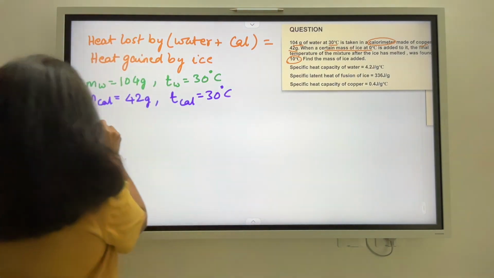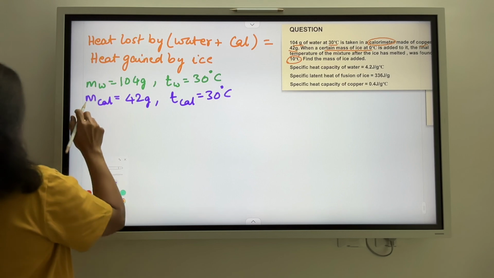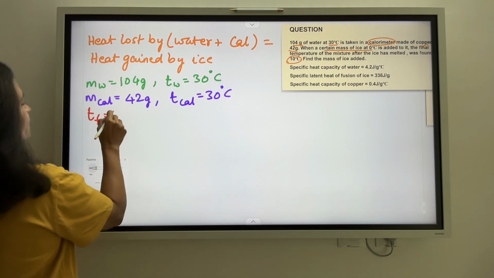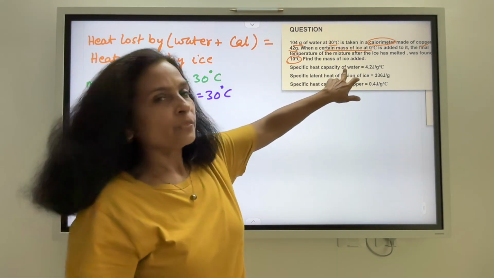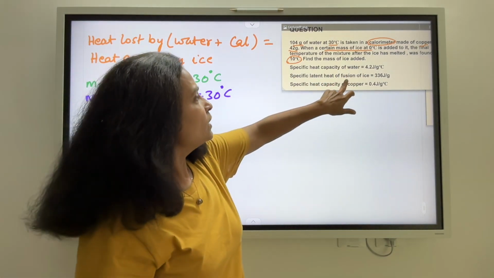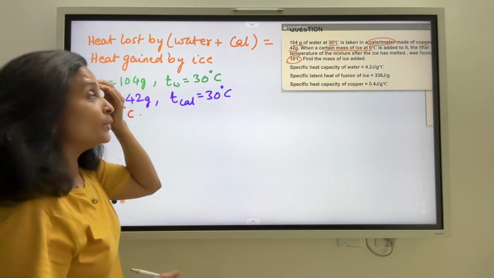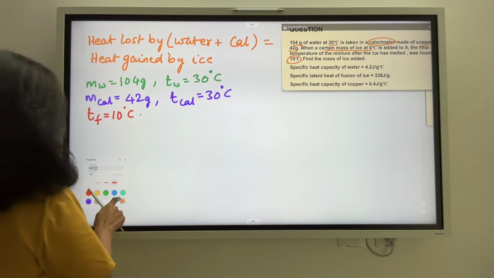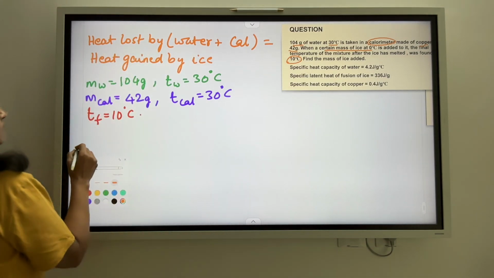What else do we have? We have the final temperature known to us. So T final is at 10 degrees centigrade. I think that is it. We have also been given the specific heat capacity of water, the latent heat of fusion of ice, and the heat capacity of copper. So how do we write this expression? What is the heat loss by water plus calorimeter?